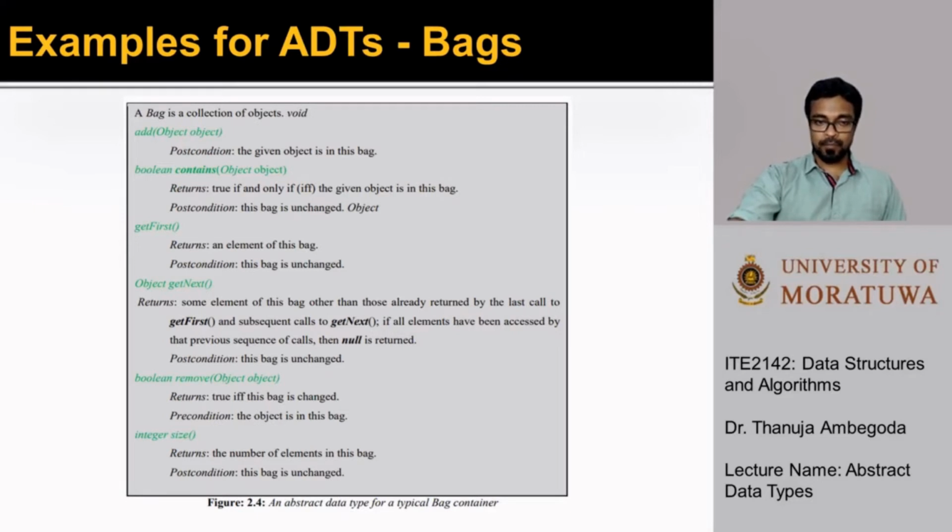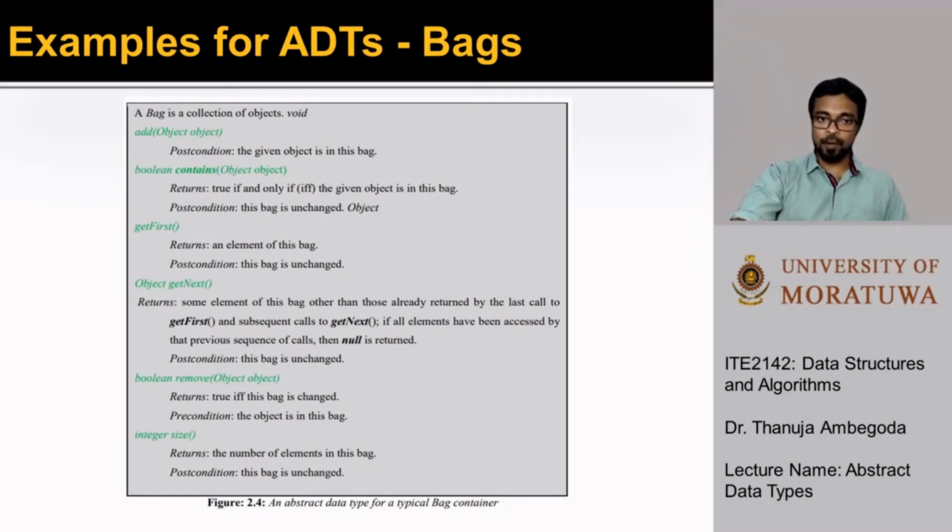So if you first call get first, it will return the first object. And then if you call get next, it will return the second object. And if you call get next again, it will return the third object, like that. But at the very end, the call will return null, if all the elements have been accessed. Here also the post condition is that the bag is not changed. The return type is an object.